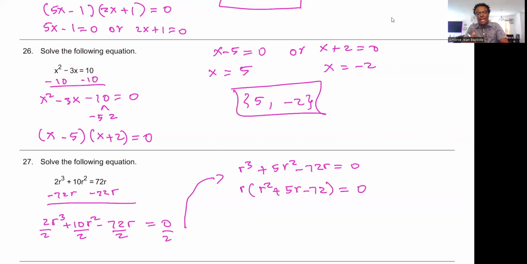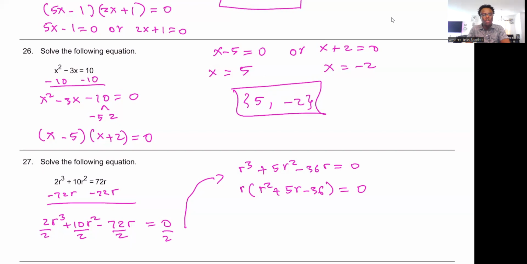Now we need two numbers that multiply to give me 72, or rather, since I divided, it's not 72, it's 36. I'm sorry, I missed this step here, but yes.